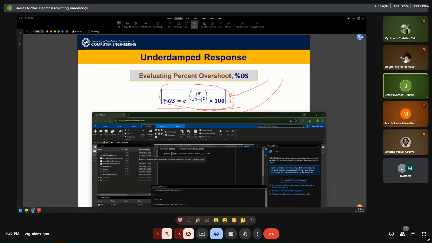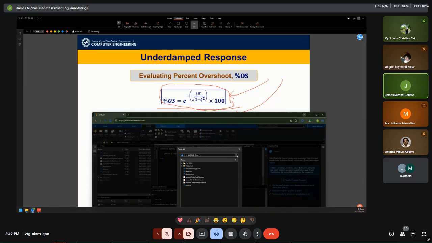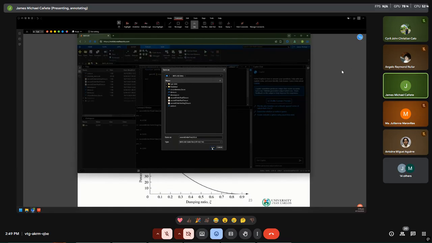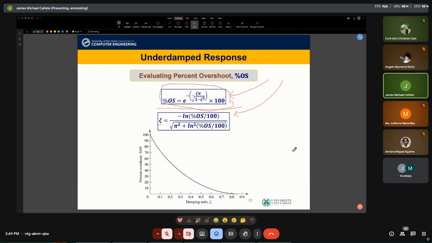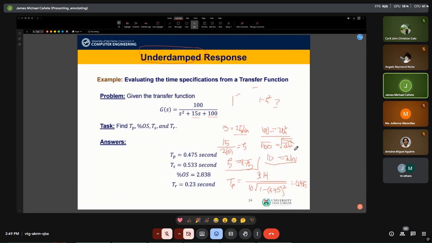Add a semicolon after the statement to hide the output. Yeah, done. So when we solve for a second order percent overshoot with 10 for omega sub n and 0.75 for zeta, percent overshoot is 2.838.